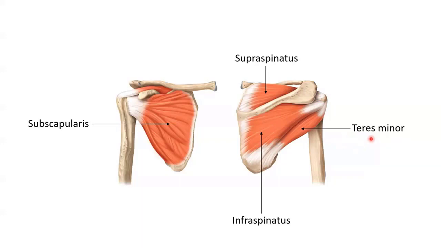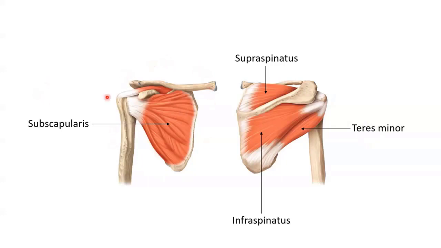Our teres minor muscle, which is this little portion along here, the muscle fibers run in a similar direction to infraspinatus. It originates on the axillary or lateral border of the scapula. It inserts again onto that greater tubercle. And because of that similar angle of the muscle fibers, our teres minor also produces lateral rotation.